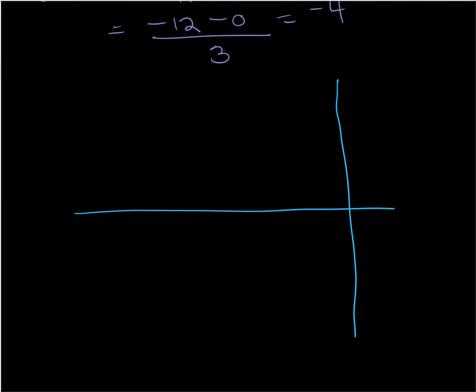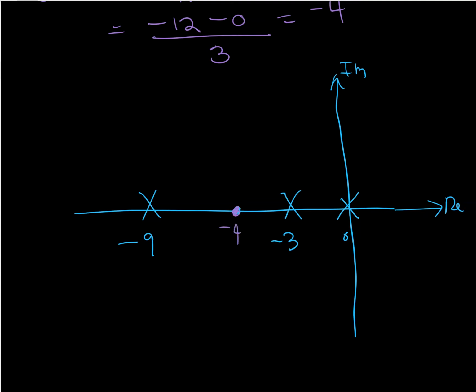Let's put some of the information that we found already on this plot. We know that we have our open loop poles at 0, minus 3, and minus 9. We know that we have an asymptote intersection point at minus 4 here.